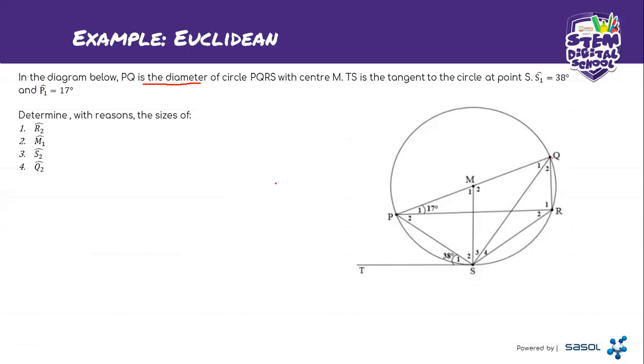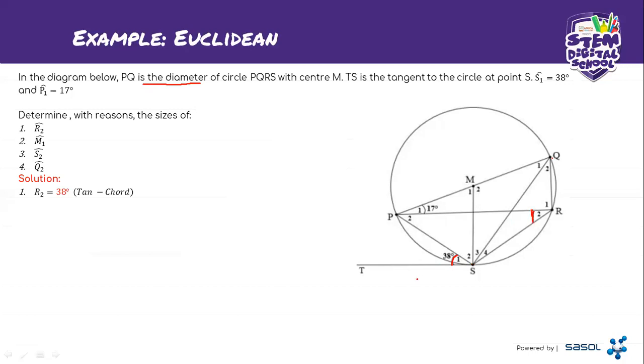Angle R2. Let's go and look for angle R2. This angle R2. Let's see how we answer that. Of course, angle R2 is going to be equal to 38, because remember, when you have a tangent and a chord, this angle here is equal to the angle there, right?